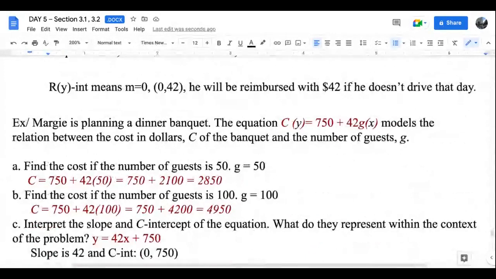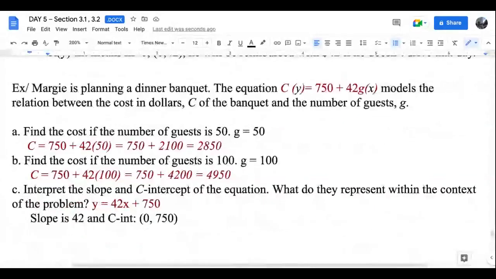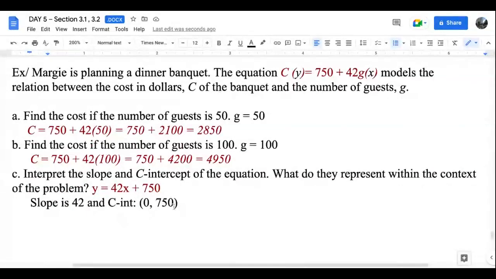Okay, let's see the next example. Margie is planning a dinner banquet. The equation is C equals 750 plus 40G. Again, if that bothers you, you can change it to Y or X. The variable is G and C. So this should be written as 42G plus 750.